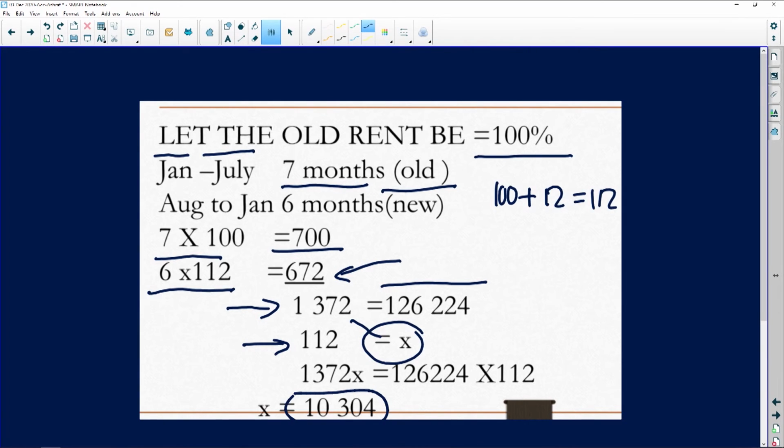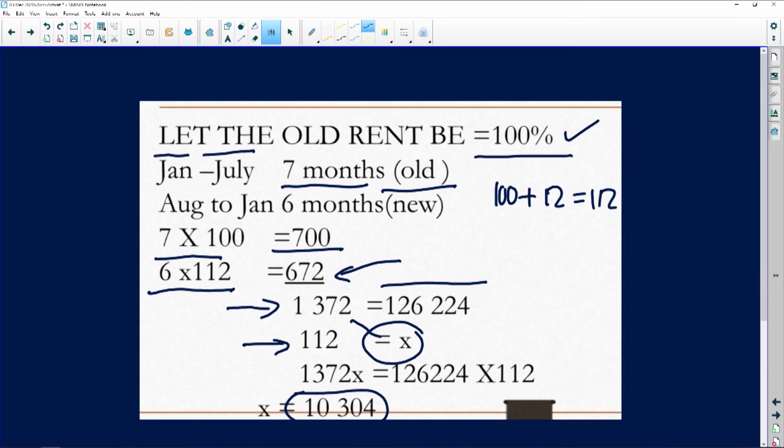So divide both sides by 1372, and voila, we've got our answer. What was the 1 month's rent income, the January for the next financial year? That amounts to 10,304. So there's my answer: 10,304 is the rental that we have received in advance.